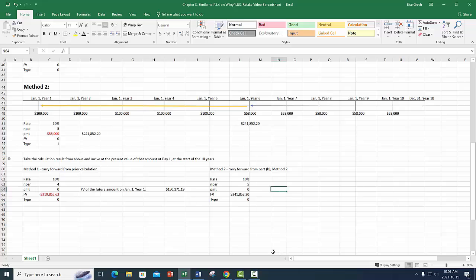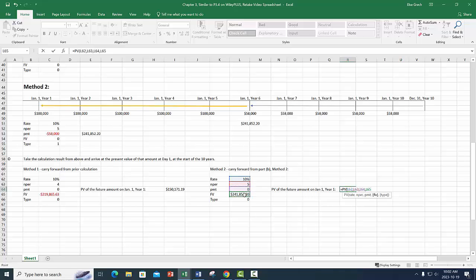So here we go. This is the present value of the future amount on January 1st, year 1, but from a different point, right? So equal present value. Rate, number of periods, payment, future value. I forgot to put the future value in as a negative number. I'll fix that in a second.